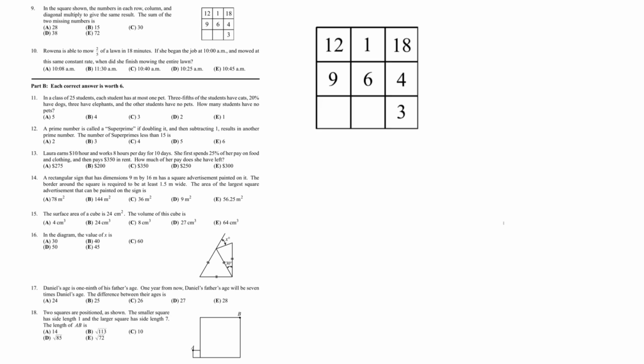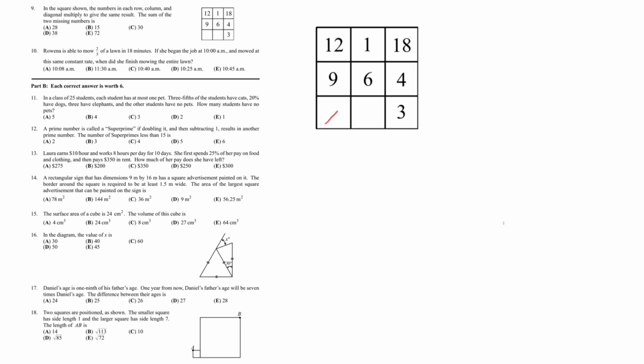Number 9, in the square shown, the numbers in each row, column, and diagonal multiply to give the same result. The sum of the two missing numbers is... Each diagonal, column, and row has the same result.